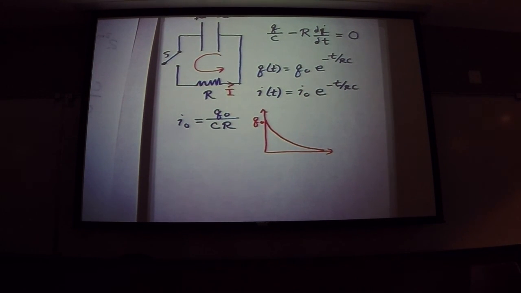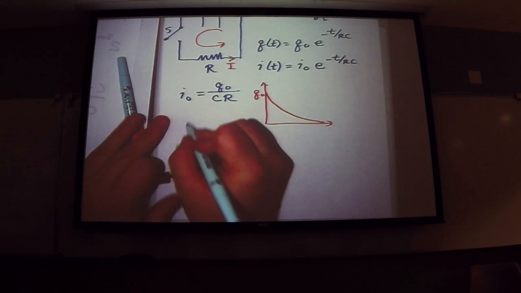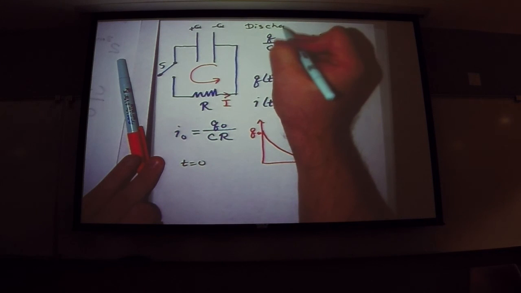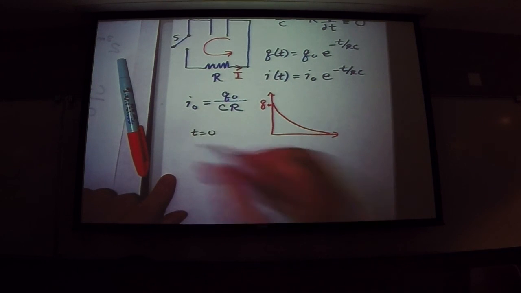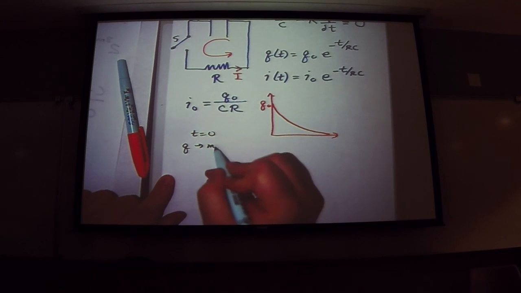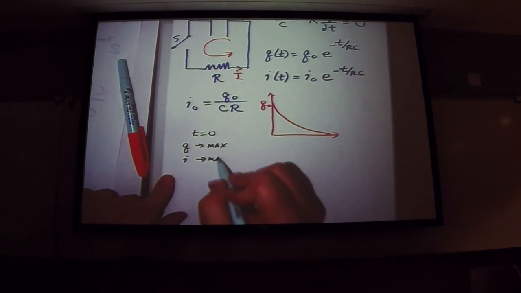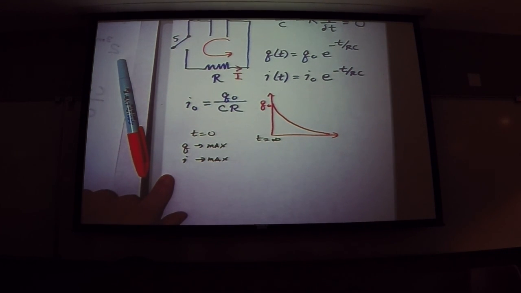So at t equals 0, when you're discharging the capacitor, Q is equal to its maximum and the current is equal to its maximum. Once the capacitor is discharged, there's no more charge. So the charge is 0.